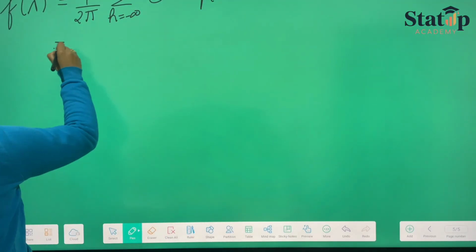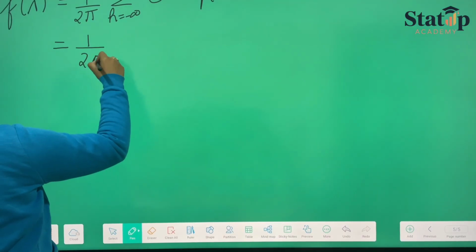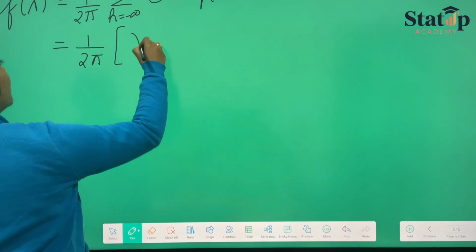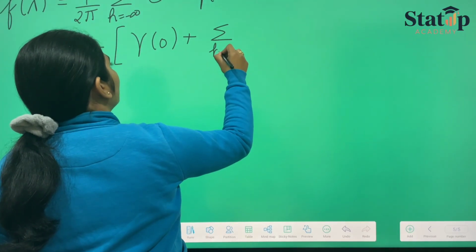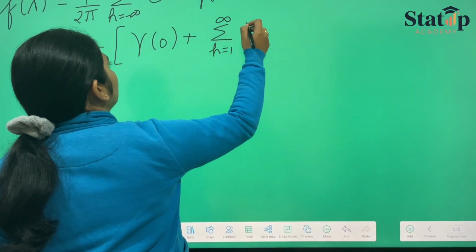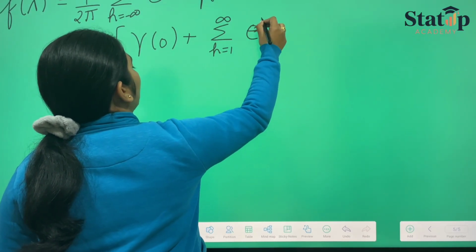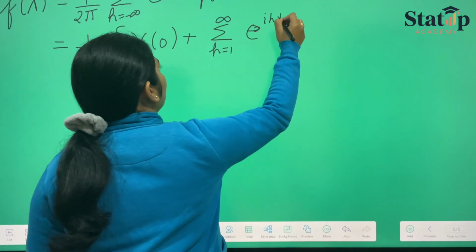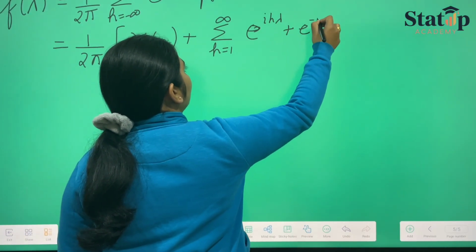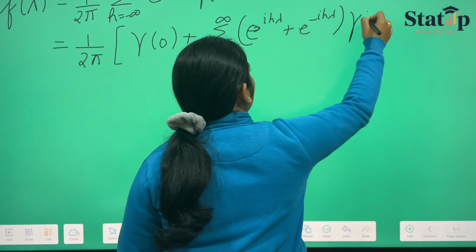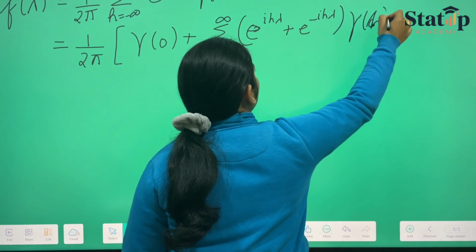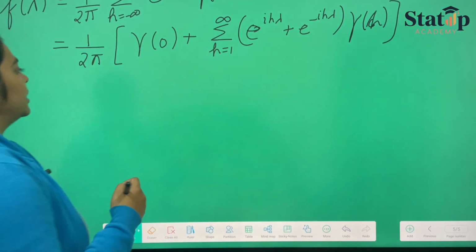Now this can be written as 1 upon 2 pi, bracket open, gamma naught plus summation h goes from 1 to infinity, e raised to the power i h lambda plus e raised to the power minus i h lambda, into gamma h. This can be written like this.